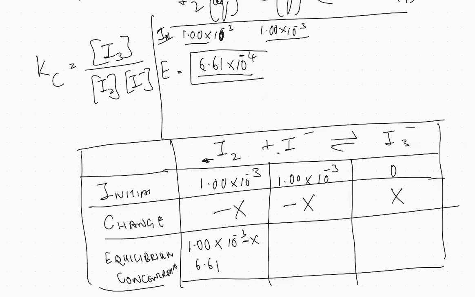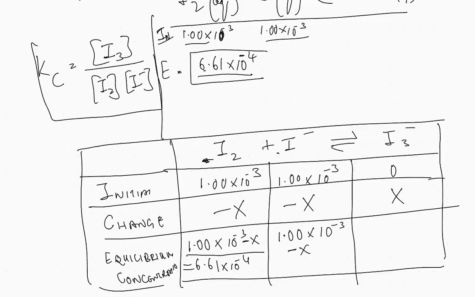Then this one at equilibrium concentration, because to calculate Kc we need the concentrations at equilibrium. So here it will be 1.0 times 10 to the negative 3 minus X, same as here, but only this amount we have been given. And then this should be just X.